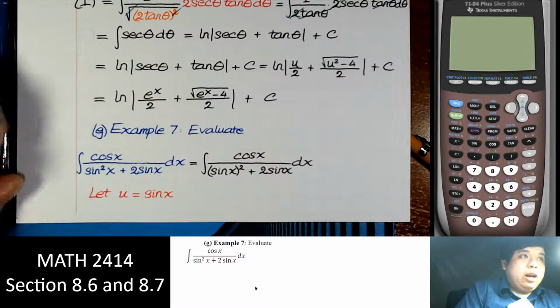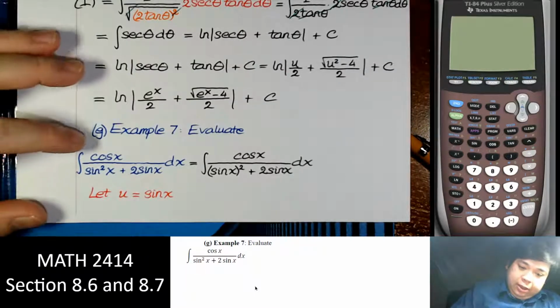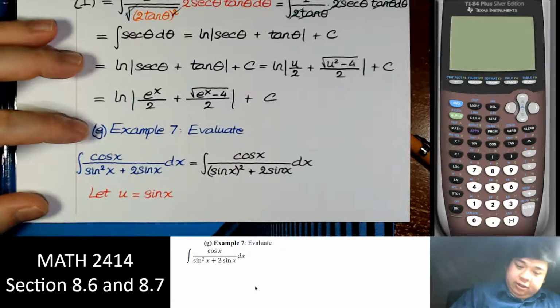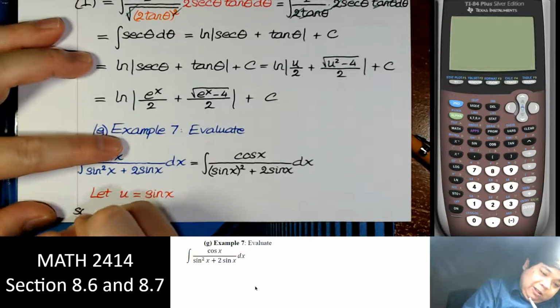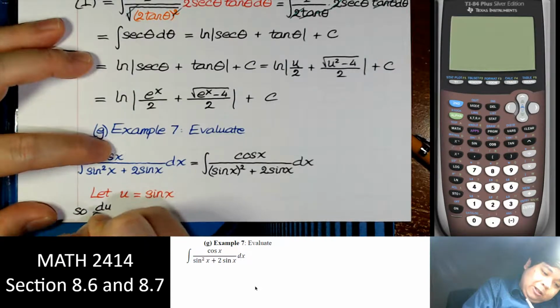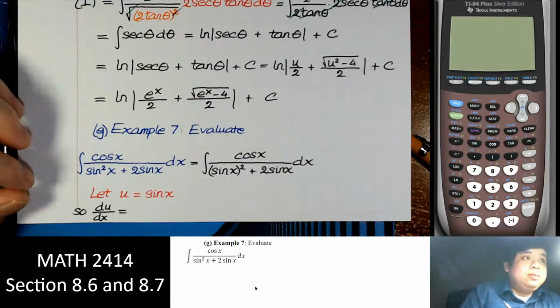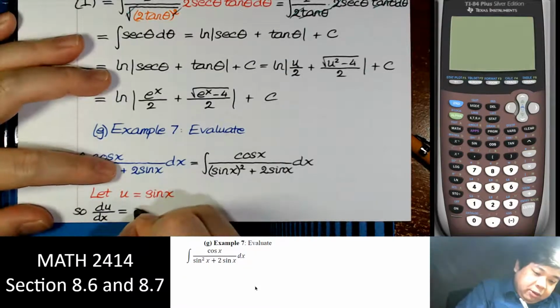So u equal to sine x. We take the derivative. The derivative of sine is cosine.